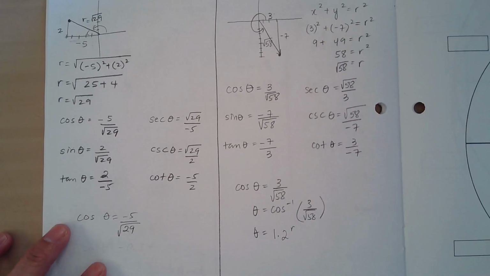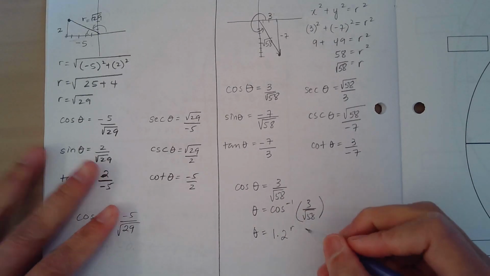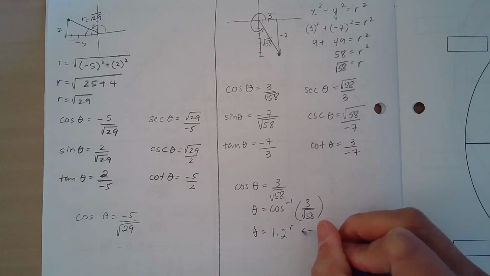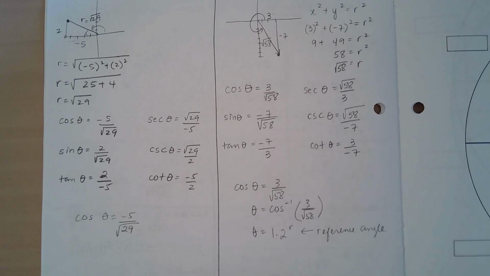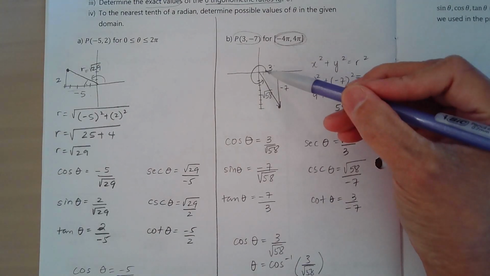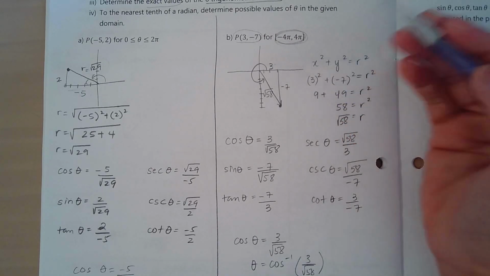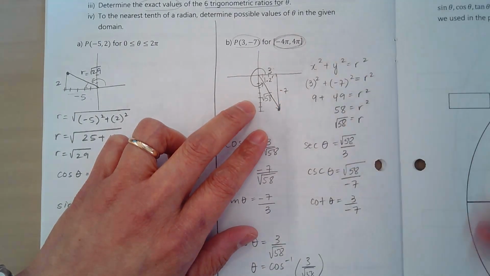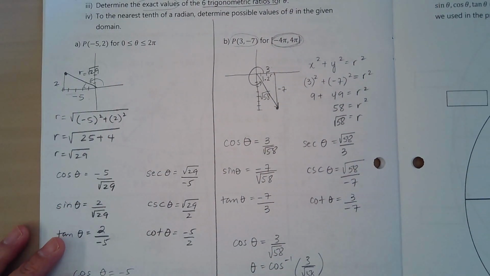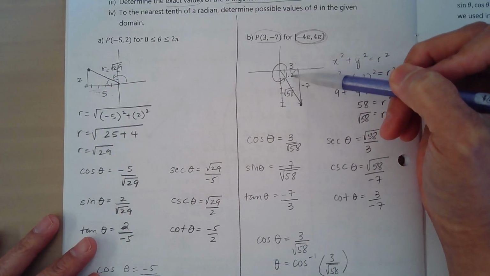I always have to go back and see what the question was, right? This one here is the reference angle. If 1.2 radians is the reference angle, then this part here is 1.2 radians. So up here is 1.2. Yes?